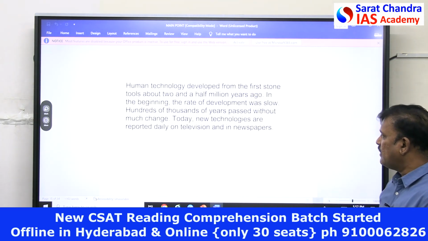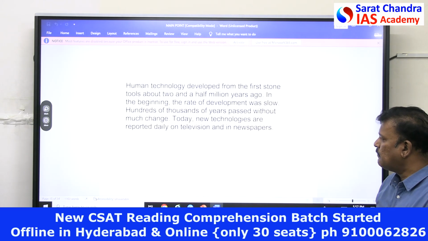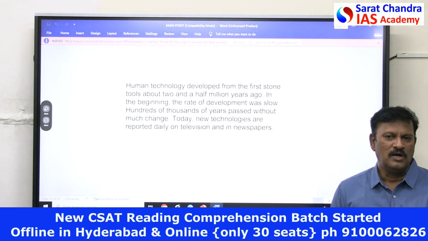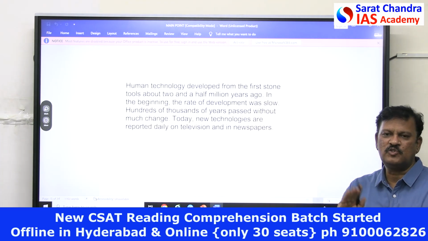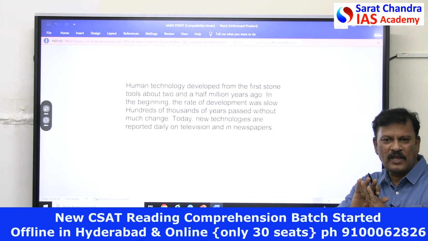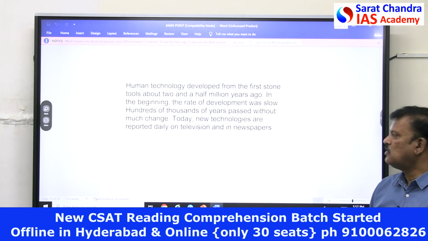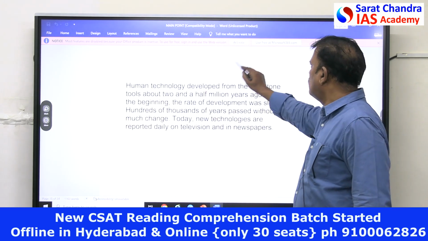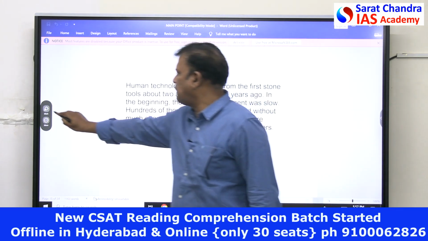You guys, look at this first sentence. Human technology developed from the first stone tools about 2.5 million years ago. I am asking you to turn this into structure by identifying the verb and putting that extra information in the bracket. Where is the verb? Okay.